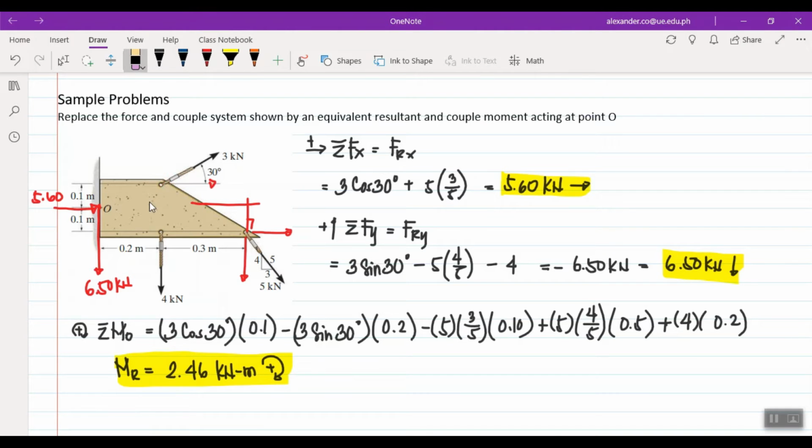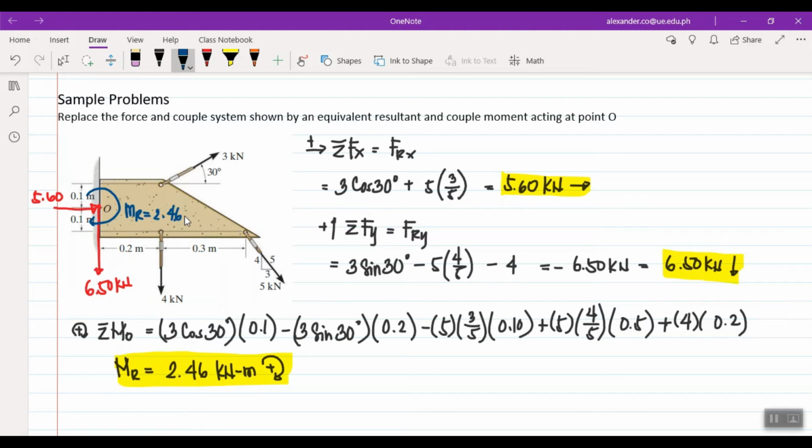So, ang moment couple niya, buburahin ko lang to, will also be a clockwise. Or gawin natin blue. No? Yung clockwise. Which is 2.46. Okay. So, that's it for problem number 1.